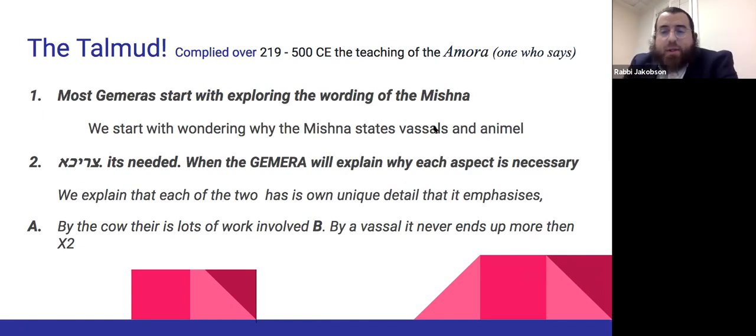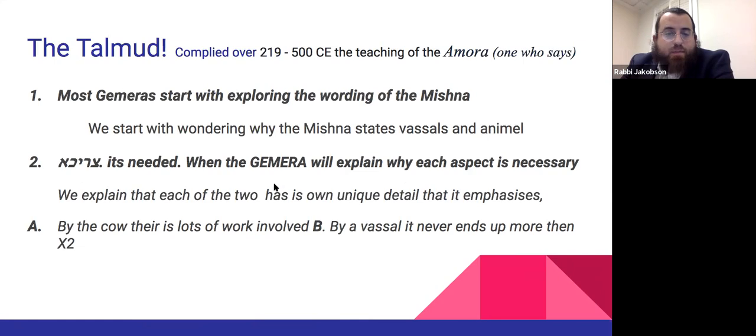We pointed out that when there's the Gimel Mem in the Gemara, let me write that, it means that we're starting the Talmud part of it. That was compiled in the year 500 CE, but from the teachings of the Amoraim, those who explore.